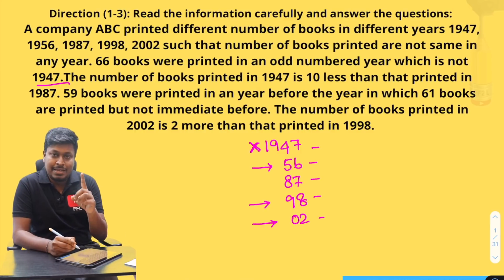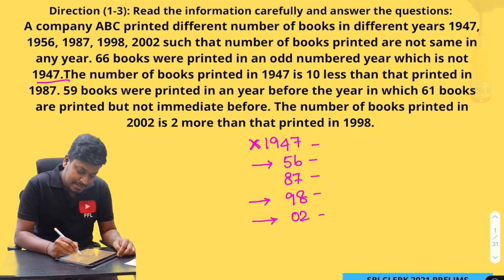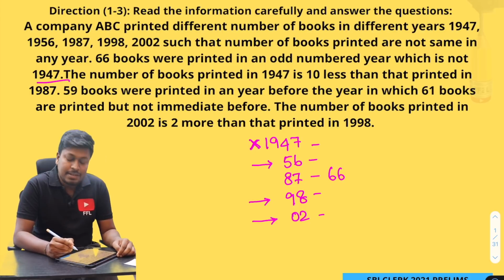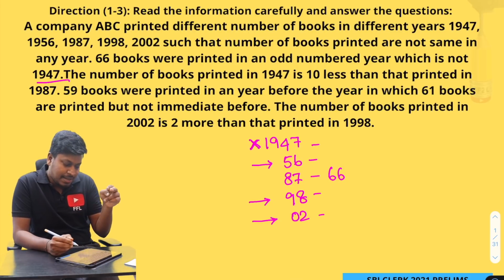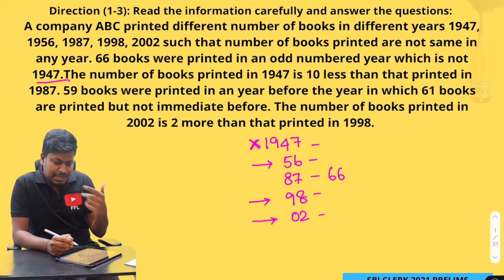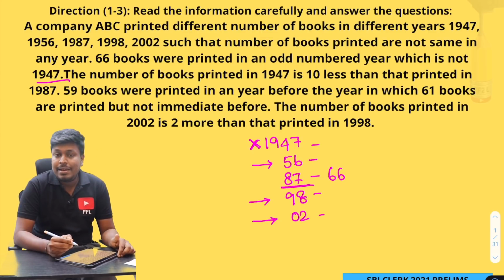So the only odd year that we have is 1987. Because only two odd years exist, and in the question itself they said 1947 is not where 66 books were printed, only 1987 remains. So definitely in 1987, 66 books were printed.